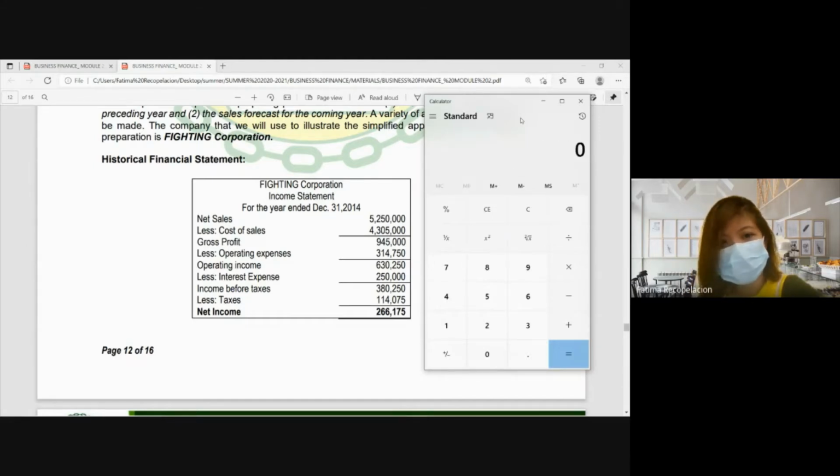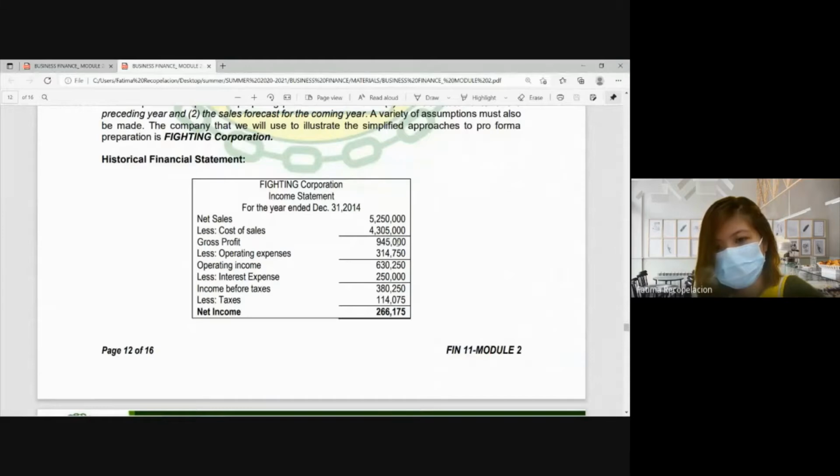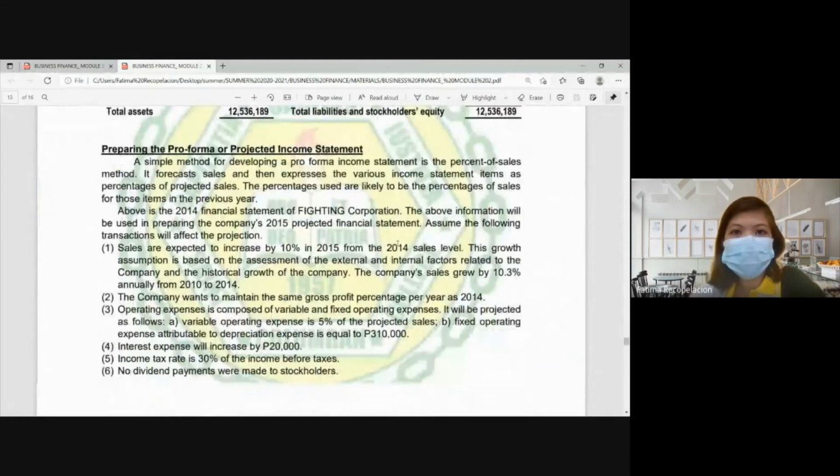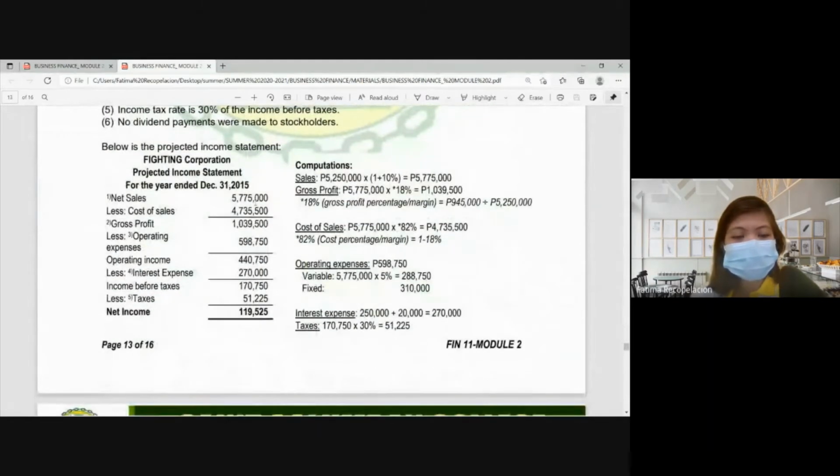So, the gross profit, 945,000, divided by the net sales, 5,250,000. So, that is 0.18 or 18%. So, dapat ang gross profit, 18%. So, we go back to our forecasting. So, here, the gross profit should also be 18%.